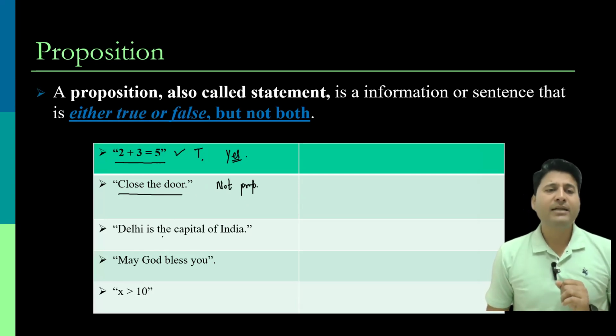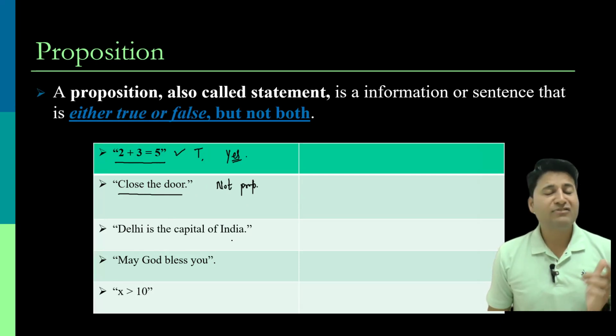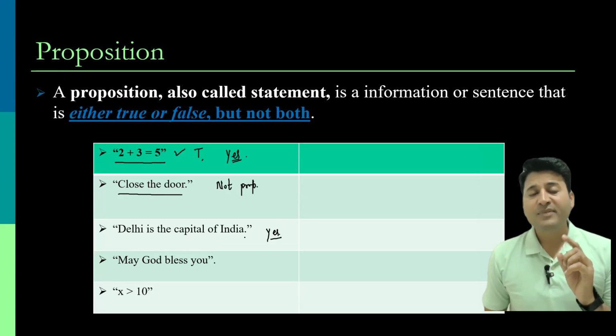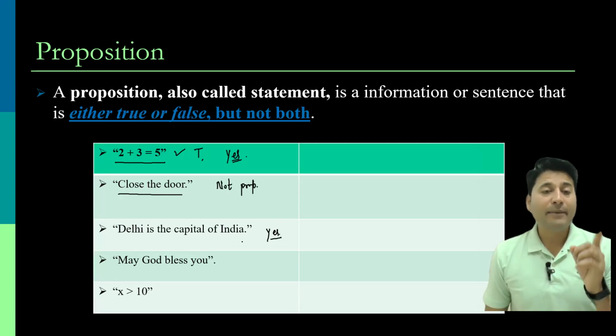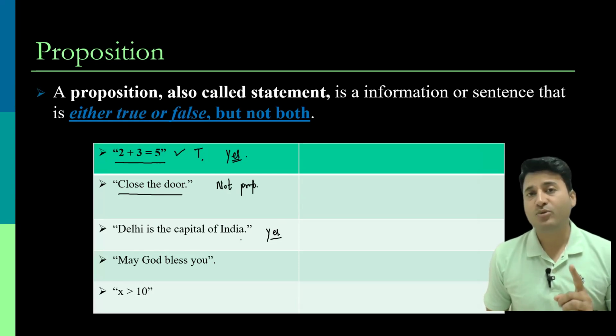One more example: Delhi is the capital of India. Yes, this is a proposition, because we are able to decide whether it is true or false. Do not get confused: I am not saying that a proposition is something which is always true.